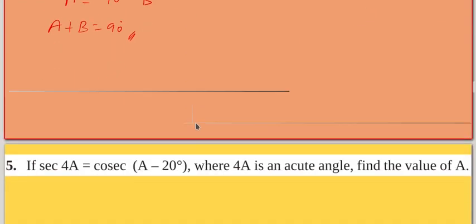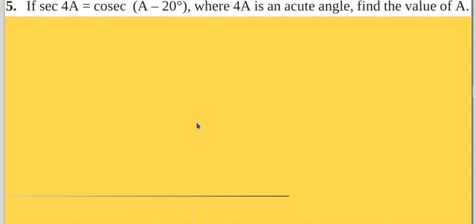Next question. If secant 4A equal to cosecant A minus 20, where 4A is an acute angle, find the value of A. Okay. So for secant, the complementary function is cosecant. That we know very well. Secant 4A, we can write in terms of cosecant as secant 4A is cosecant of 90 minus 4A.